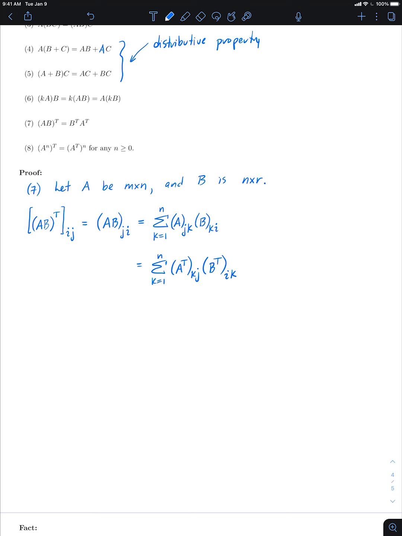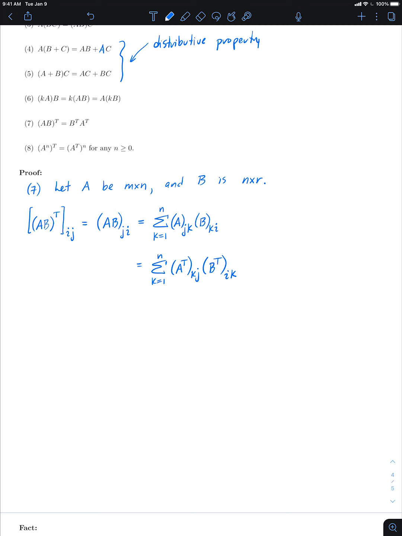And this kind of looks like matrix multiplication, but notice the summation index k is on the outside indices now. Here's what I mean by that. If you go back up and look at the definition, k was the inner indices, the inside ones.